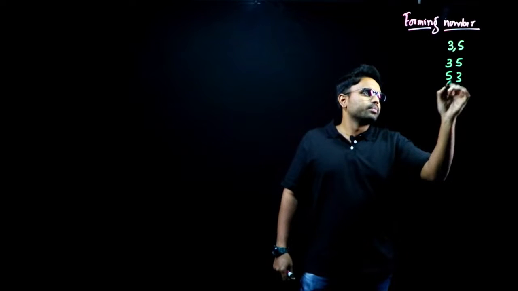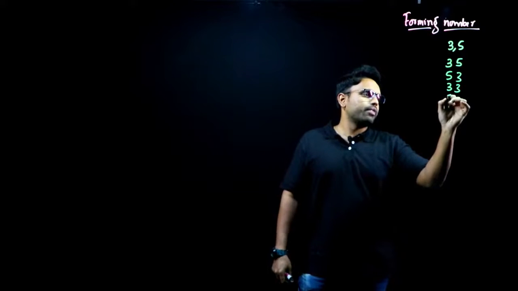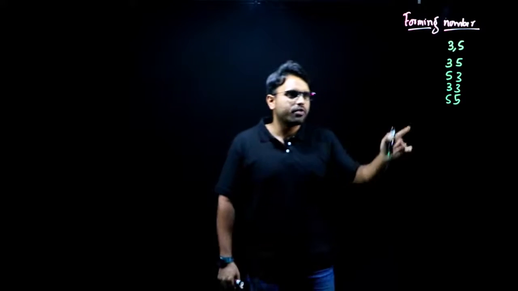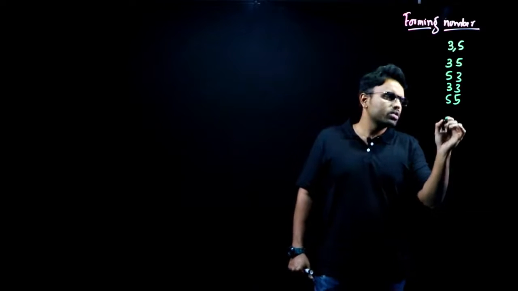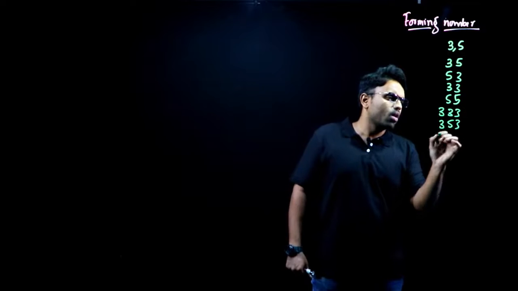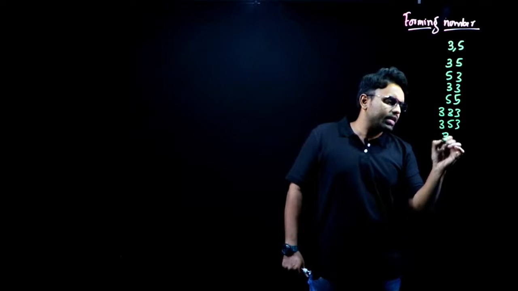35 can be formed, 53 can be formed, 33 can be formed, 55 can be formed. All of you stopped here? I presume many of you stopped here. But did I give you any condition? I just gave you 2 digits and asked you to form numbers. Why did you stop here? What is stopping you from taking the number 333, or for that matter 353, or for that matter a single digit 3?